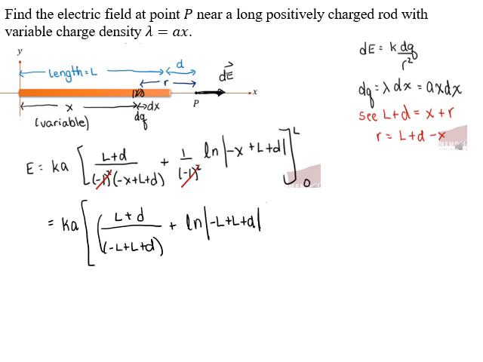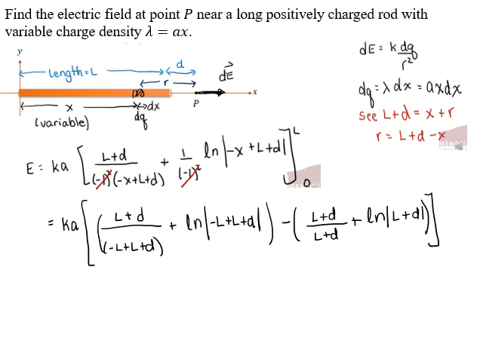And then we're going to subtract the x equals 0 term, so we've got L plus D divided by 0 plus L plus D, plus natural log of 0 plus L plus D. Okay, so there's our next line. Remember to close our brackets.